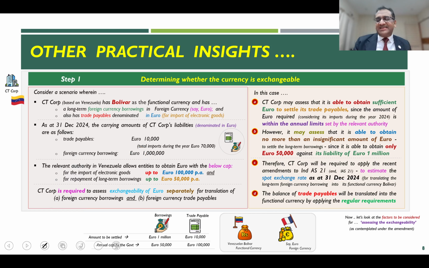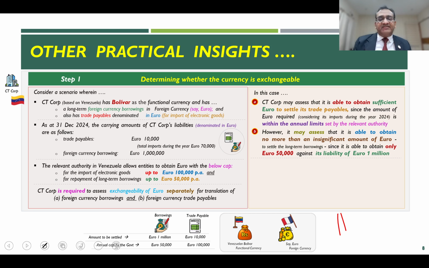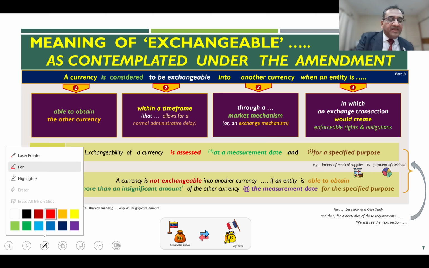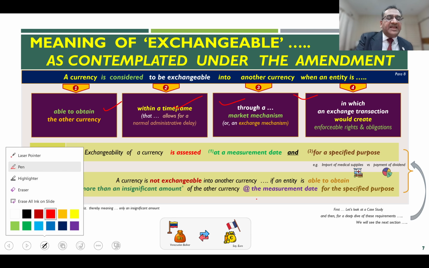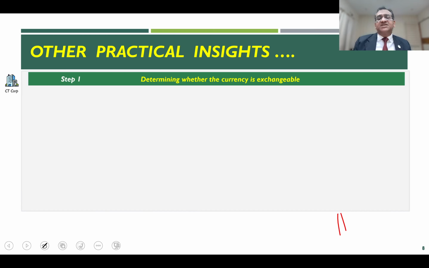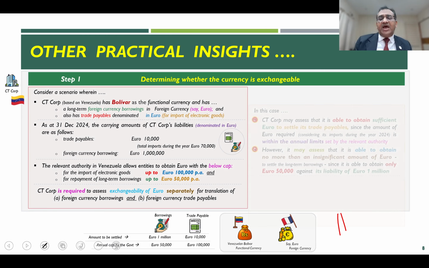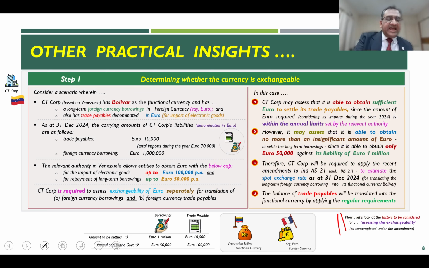Now, having seen this case study, let us look at what we saw in the previous slide, where paragraph 8 says that for the purpose of assessing exchangeability, you have to look at these 4 parameters. Are there any guidance or factors which the standard has given us that will facilitate how one needs to evaluate whether the currency is exchangeable or not?